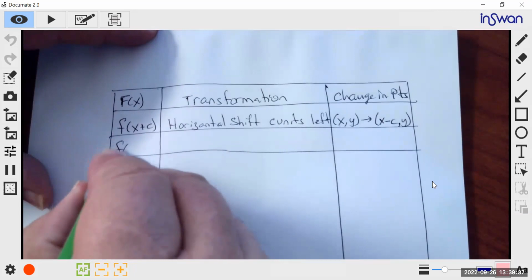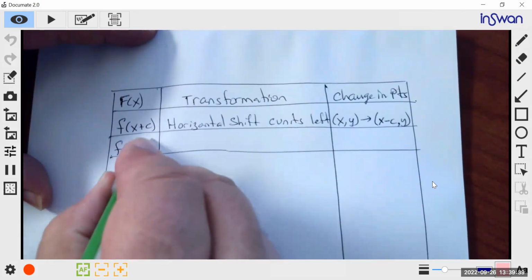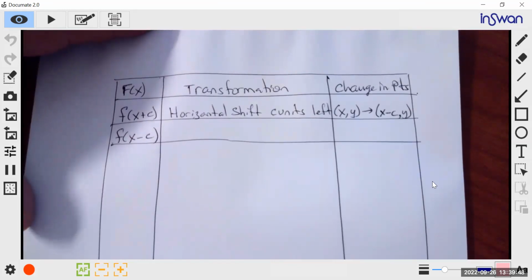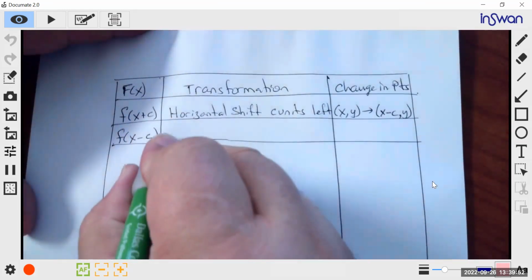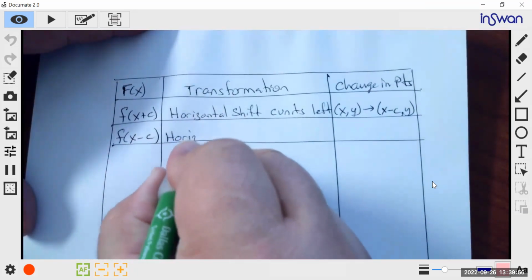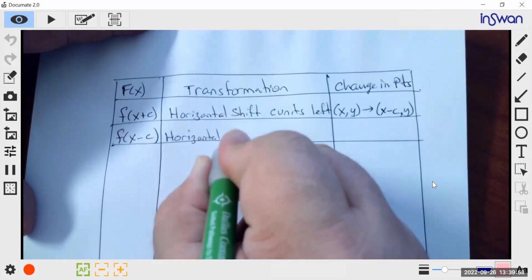How about this function? F of x minus c, what kind of shift is that? It's also, since it happens inside, horizontal. So directly.